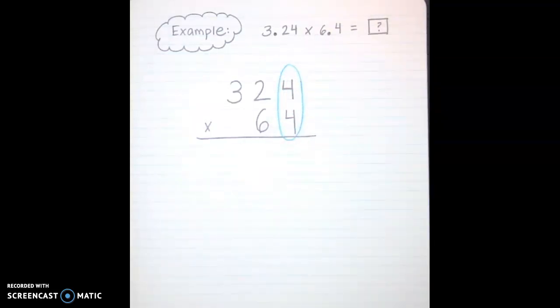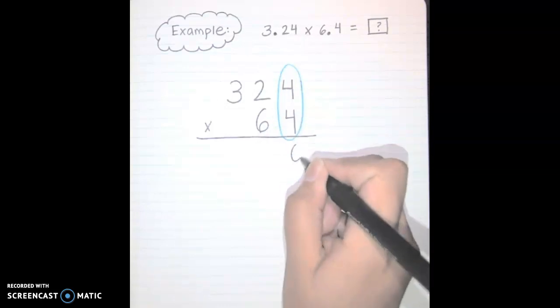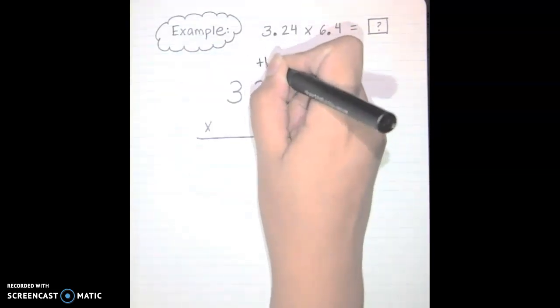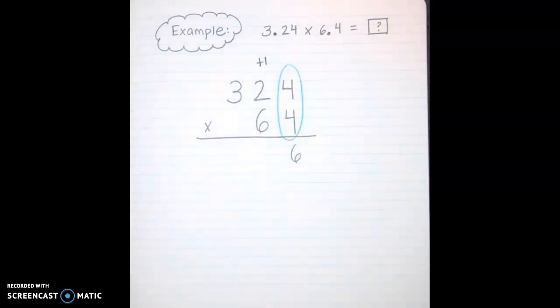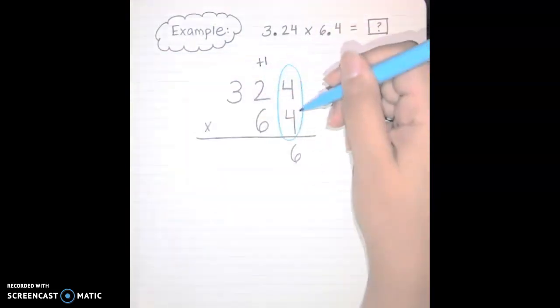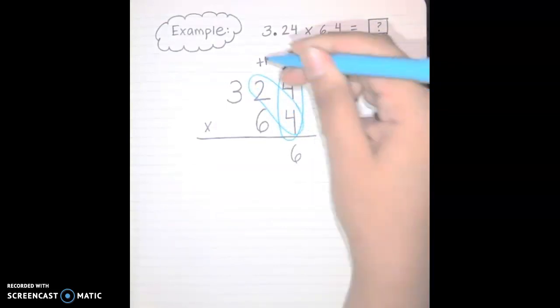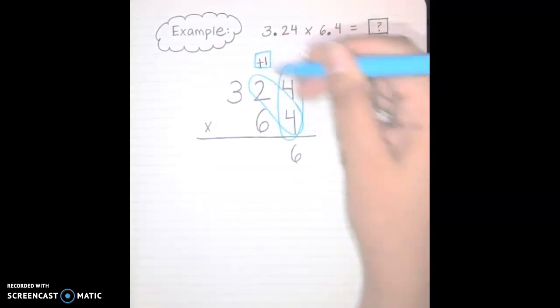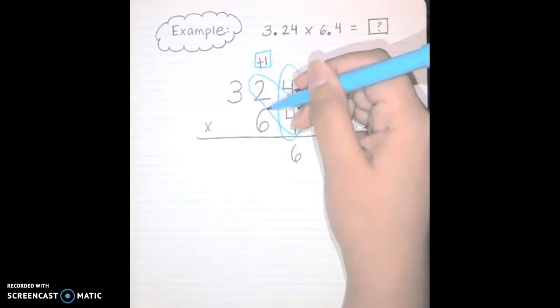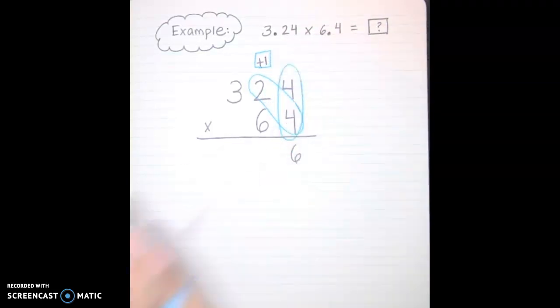That equals 16. So I write 6 here and carry over the 1 to the tens place. Next, in the tens place, I multiply 4 times 2 plus 1. 4 times 2 equals 8, plus 1 equals 9.